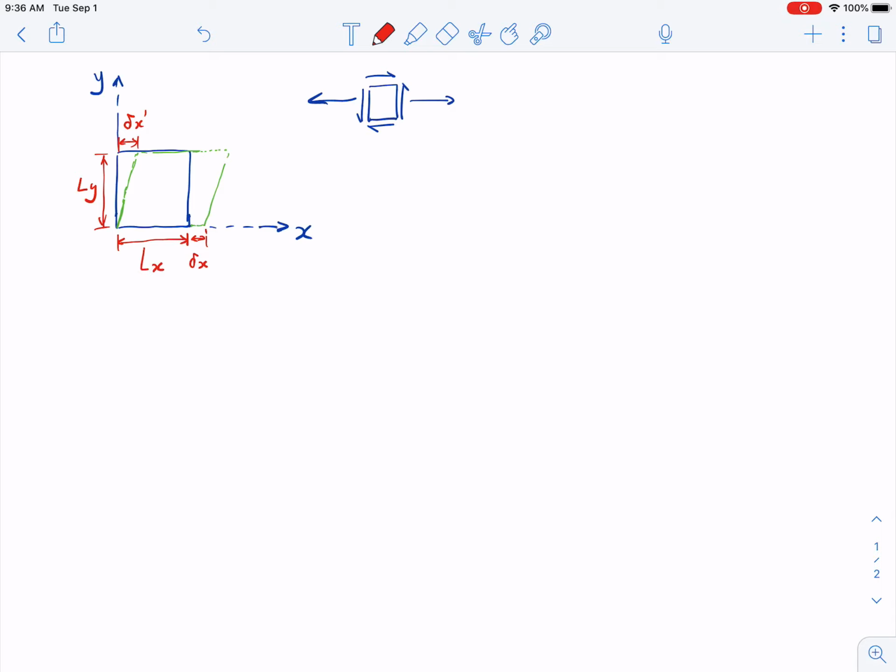Okay, so let's see how we can calculate the normal strain. My first question is, what is the normal strain epsilon x? Is there a normal strain along the y direction? Since we don't have any delta y, we don't have epsilon y, right? So here there's only epsilon x. How can we calculate epsilon x?